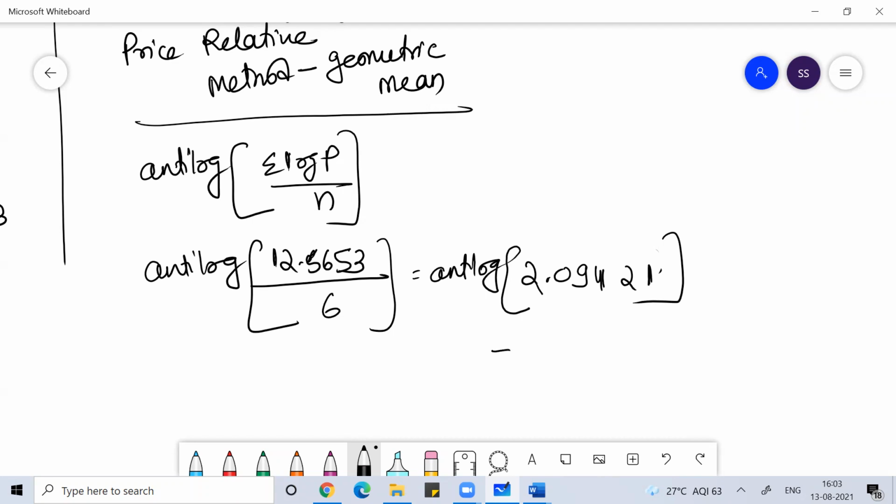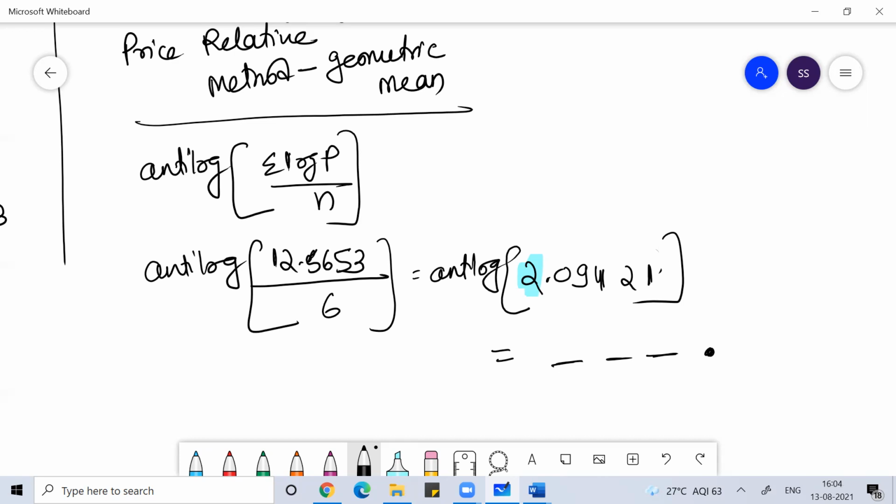If you are using the anti-log table, then this will be your characteristic too. For anti-log, whatever the characteristic is, we add 1 to it; that tells us after how many digits we need to put the decimal. This tells us after 3 digits you have to put the decimal, because the characteristic here is 2 point something.